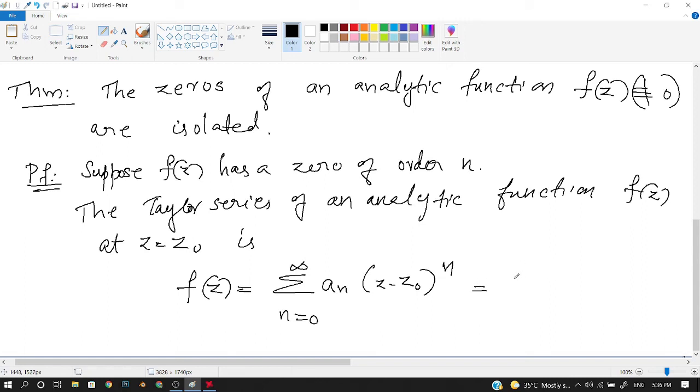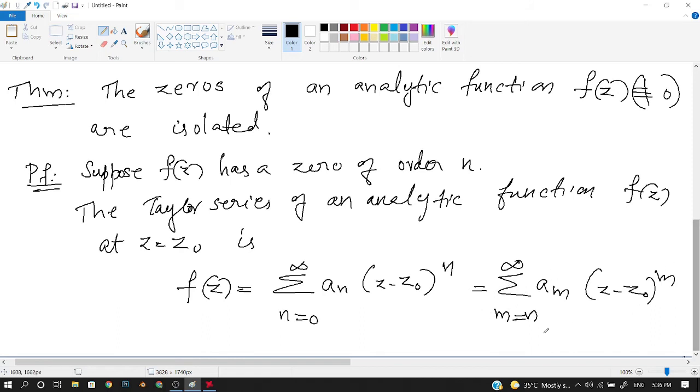So this is equal to sigma a m into z minus z naught raised to m, where m varies from n to infinity. Since f of z has a zero of order n, so f of z naught, f dash z naught, etc., f n minus 1 dash of z naught equal to 0, but f n of z naught not equal to 0, and here a n not equal to 0.